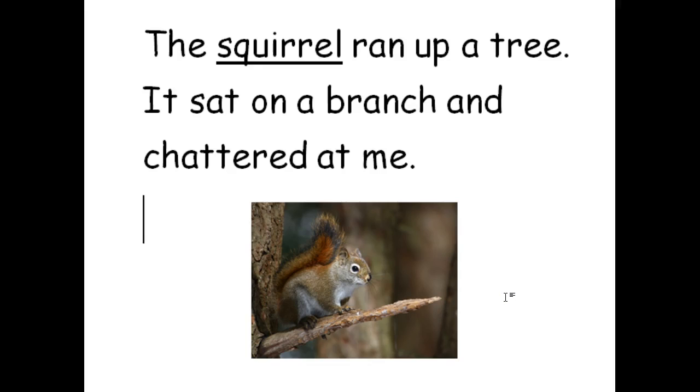It can be gray or brown with its fur, and so I know it's in the category of a mammal. Now, I can describe some of its characteristics, like it's small, it lives in a tree, it has that long bushy tail. So I can define a squirrel as a small mammal with a bushy tail that lives in a tree.